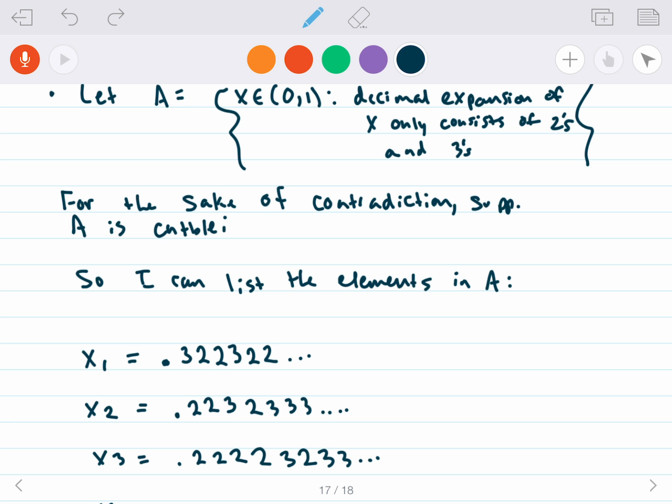The clever idea that Cantor had was to show that this list is not complete by constructing something that's not in the list. I claim that all of A is going to be in this list, hence countable, but I'm going to show you that I can actually create something that's not in the list. How are we going to do it?